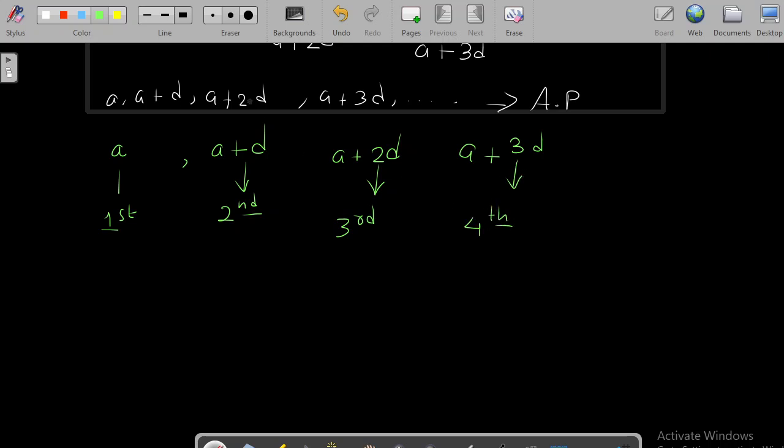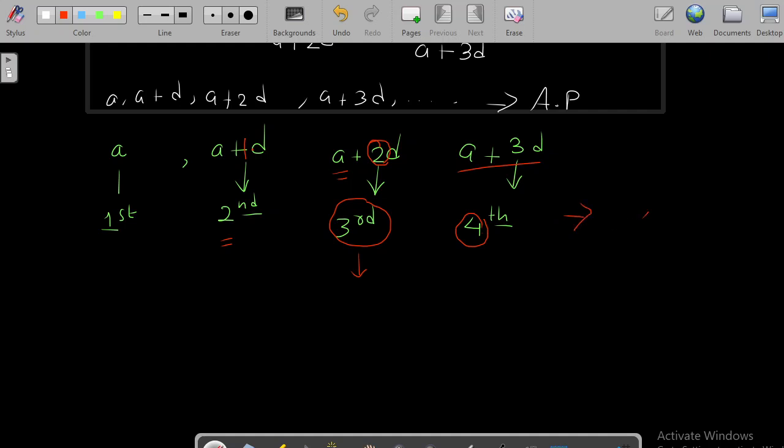Now notice one very important thing. If it is the second term, then you will see 1 into D. If I see the third term, you subtract 1 from the rank of that term and you get that number into D, added to A. If this is 4, then it will be A plus 3D.